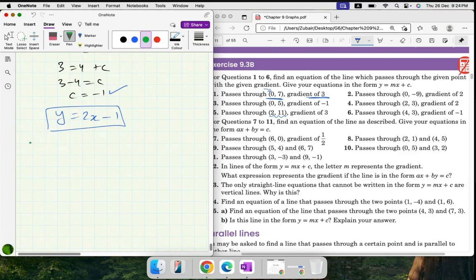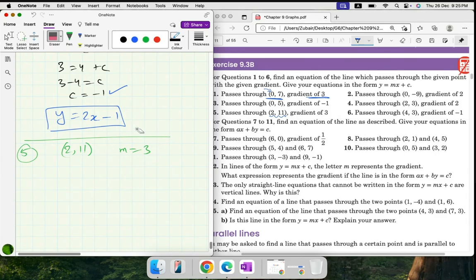Try number 5. Sir, minus 3x plus 17. No, gradient is already 3.